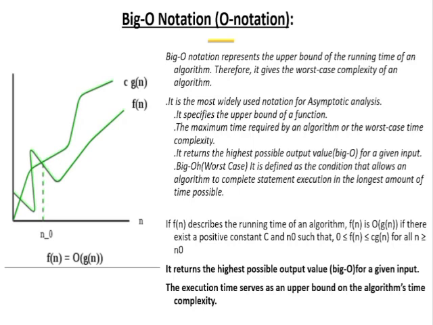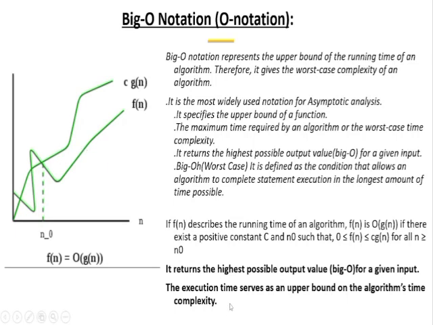If f of n describes the running time of an algorithm, f of n is big O of g of n if there exist a positive constant c and n0 such that the equation holds for all n greater than or equal to n0. And on the left side, the graph is shown.